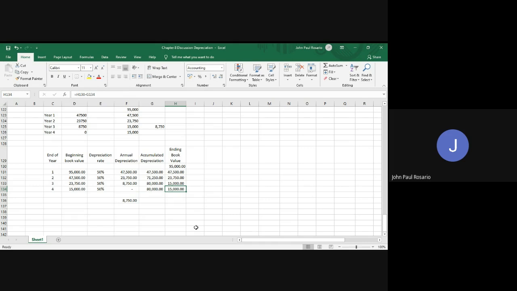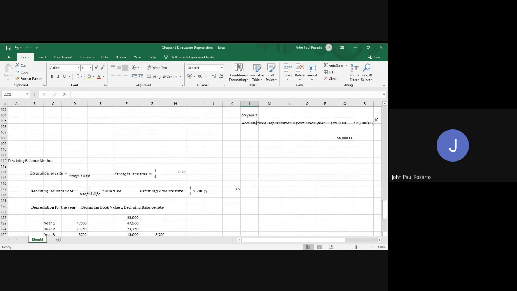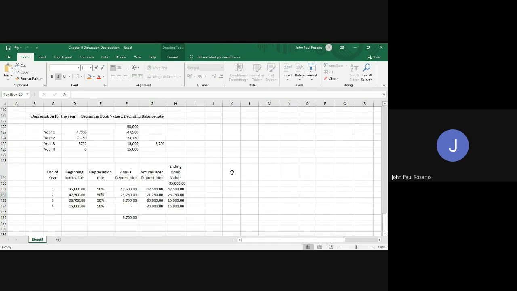Now, what if you'll be asked, how much is the depreciation on what particular year? For example, on year 3. So, accumulated depreciation on a particular year. So, what will be your formula for that?